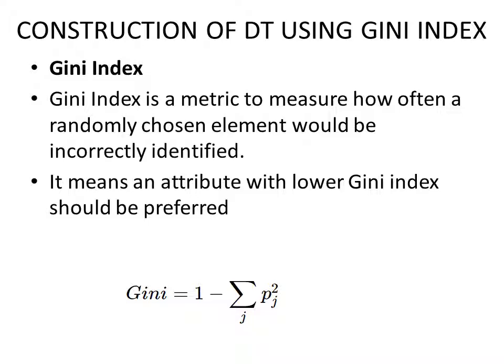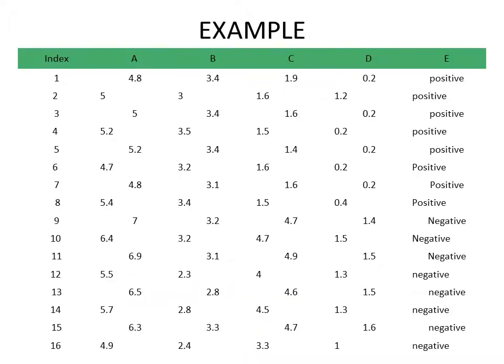And one example is taken like this. The indexes will be starting from 1 to 16, and A, B, C, D values are there. There are 4 attributes, and the target value is E, which holds positive or negative.